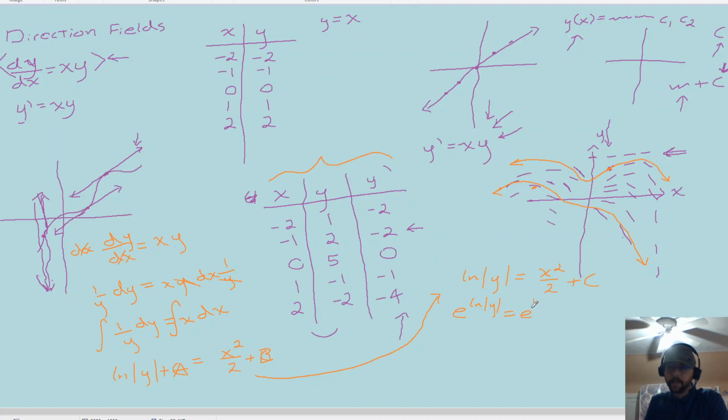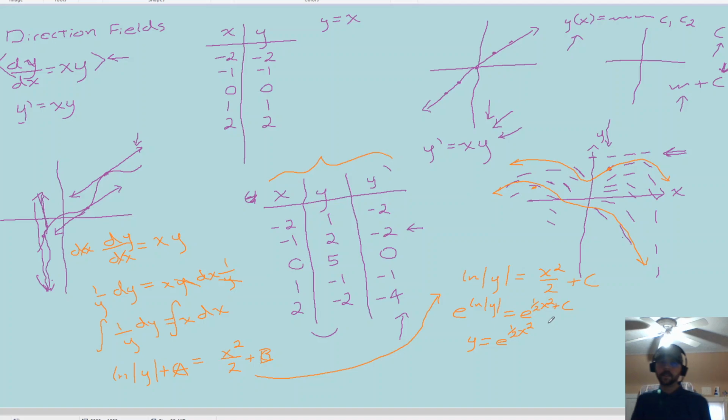I'm going to separate this out, 1/2 x squared plus c. Then we take e, how to say this? I'm not all that great with logarithms. For whatever reason, this simplifies to be y. E to the natural log of something can just become that something. Yeah, I'm not going to try to explain that, it'll take too long. So y equals e to the 1/2 x squared.